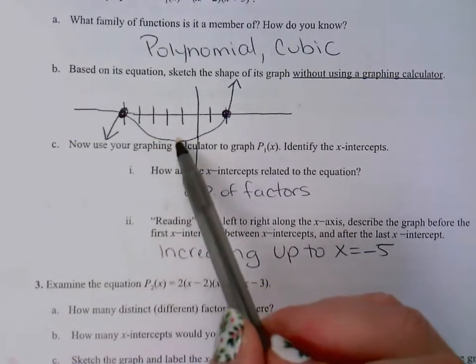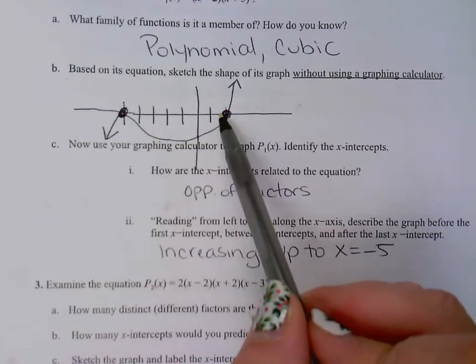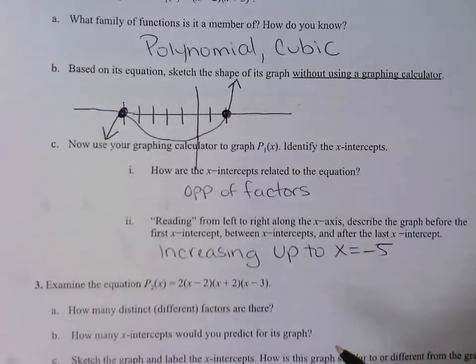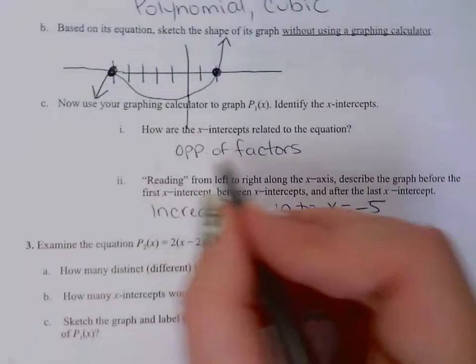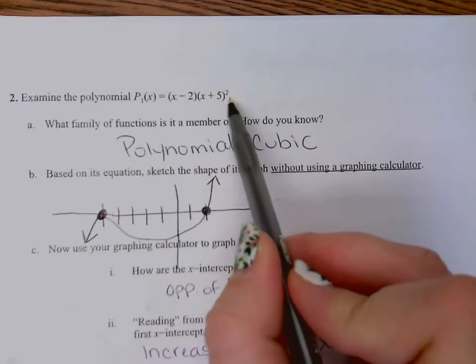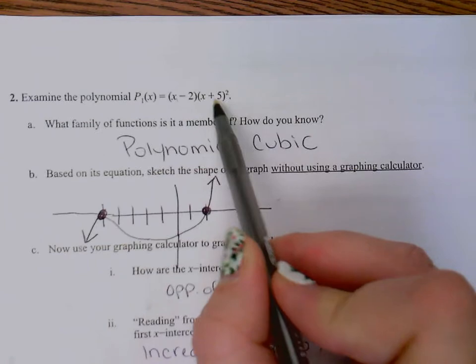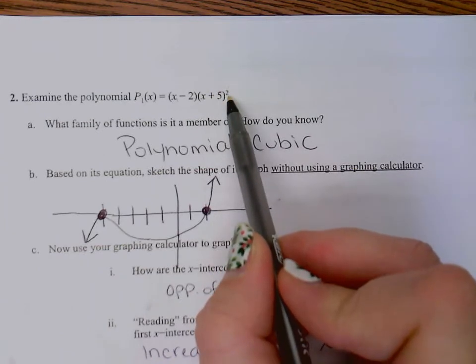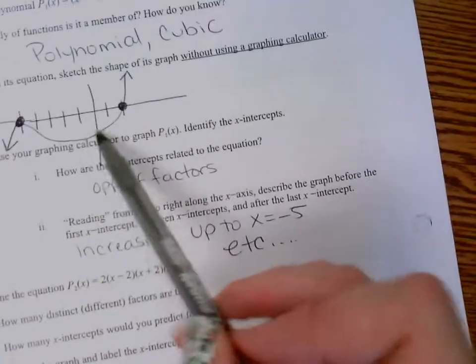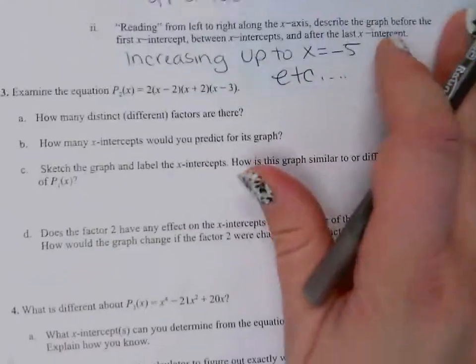It's decreasing down to a minimum, then increasing again, and then it's increasing from there. We didn't find this minimum value. I don't know. It bounces off when the factor is being squared. So, or 4th degree, because that's also even. So I'm just going to write etc. right here, because I don't want to go into a lot of detail. I don't want to find the minimum, and that wasn't part of this.